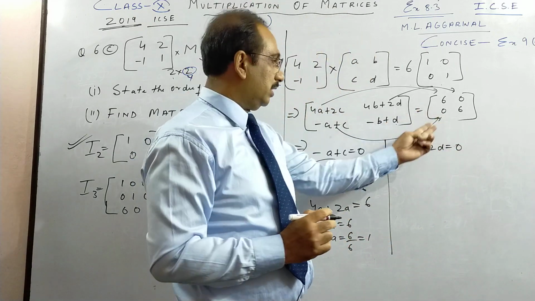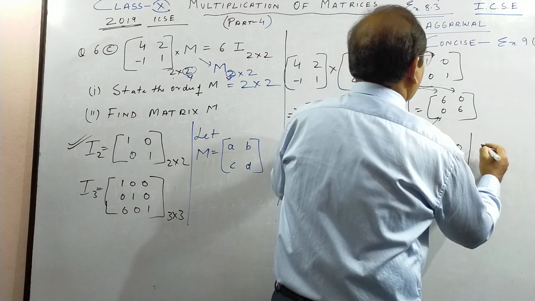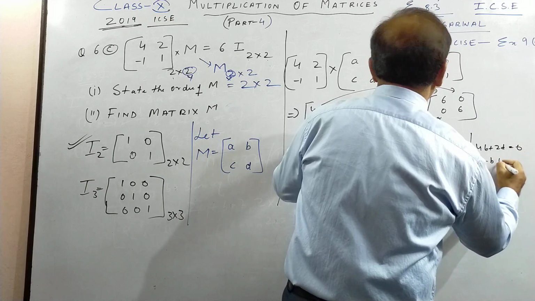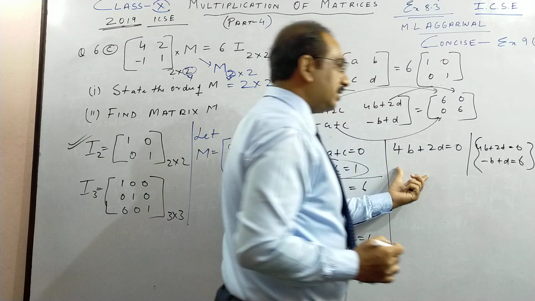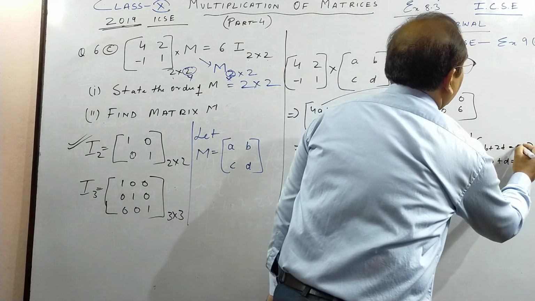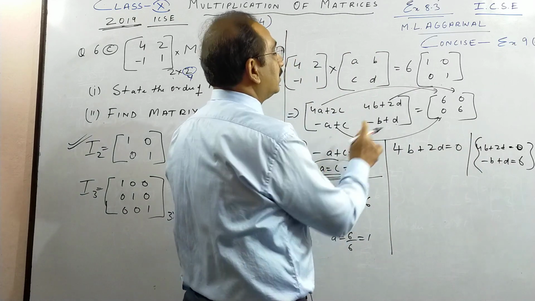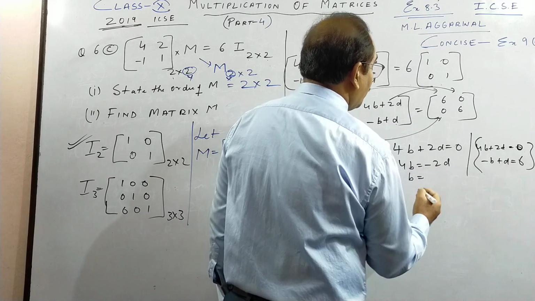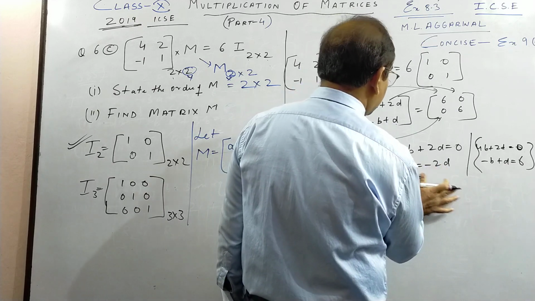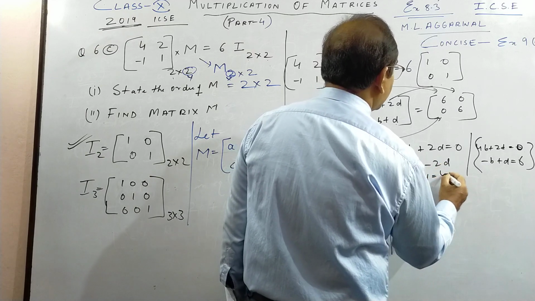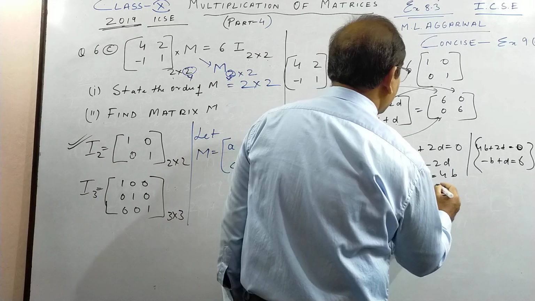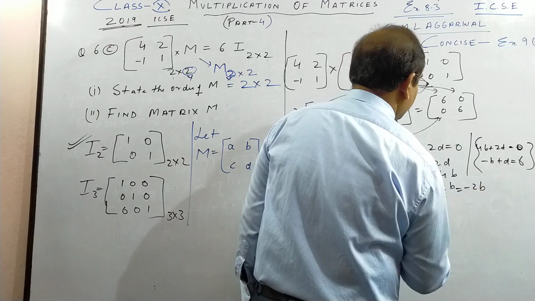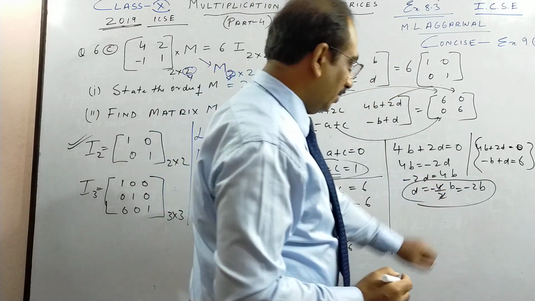You could have done this simultaneously with minus b plus d is 6, but this is easier. So 4b is minus 2d, and d is minus 2b.